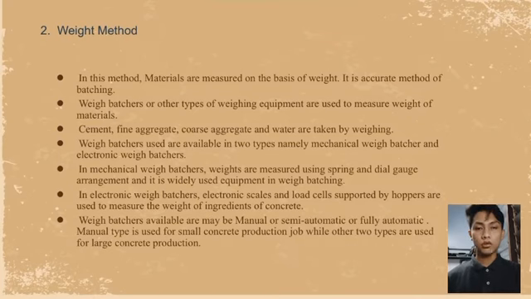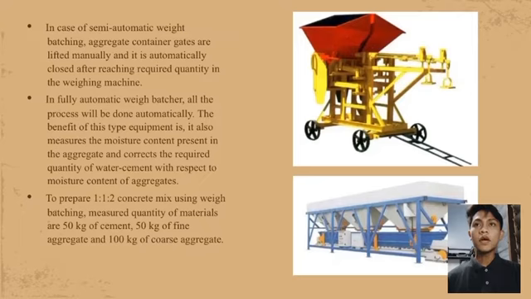Weight batchers available may be manual, semi-automatic or fully automatic. Manual type is used for small concrete production jobs, while the other two types are used for large concrete production. In case of semi-automatic weight batching, aggregate container gates are lifted manually and automatically closed after reaching the required quantity in the weighing machine. In fully automatic weight batchers, all the process is done automatically.